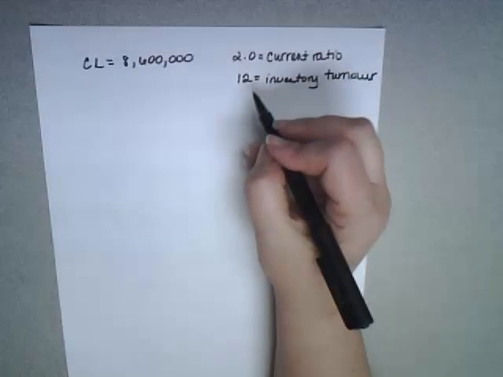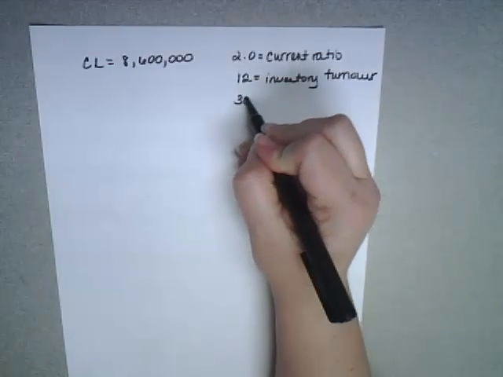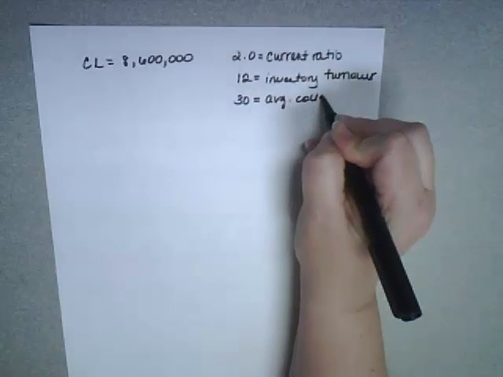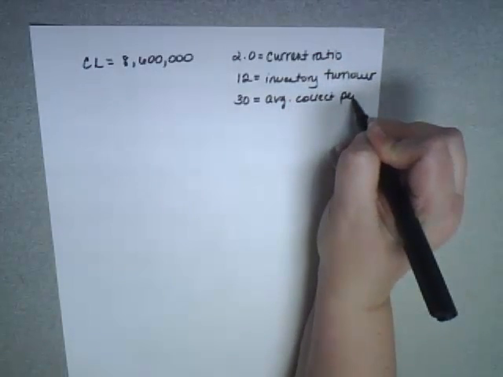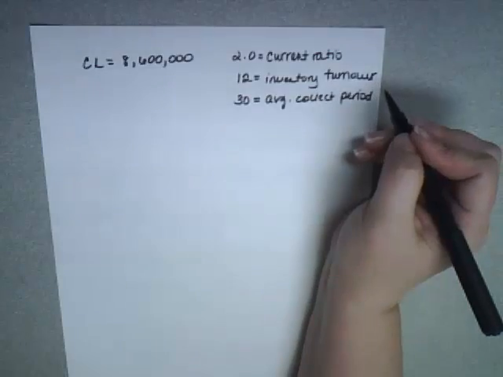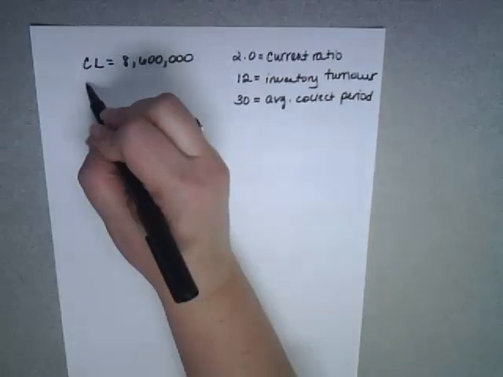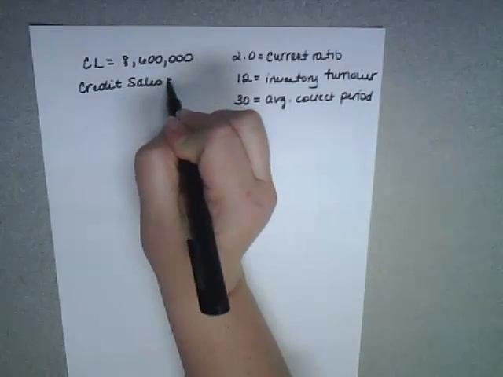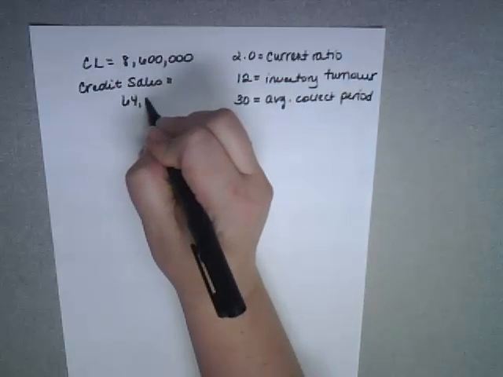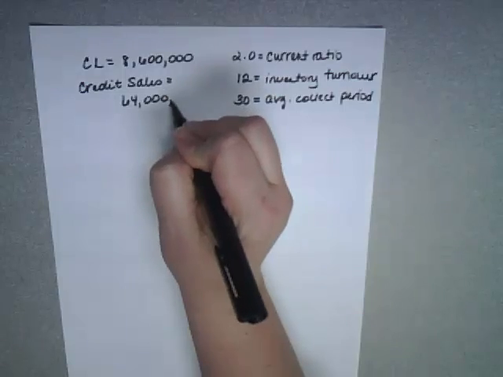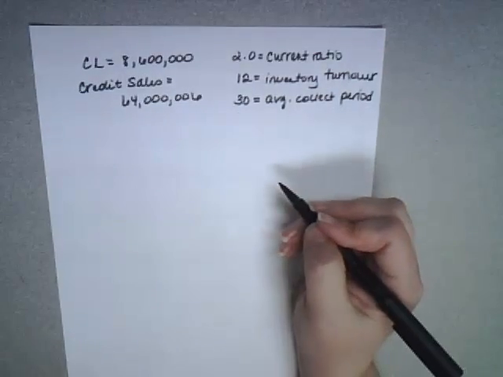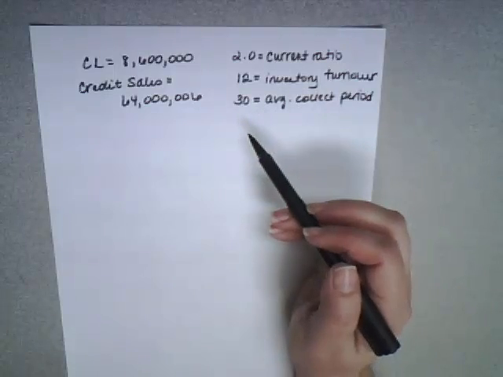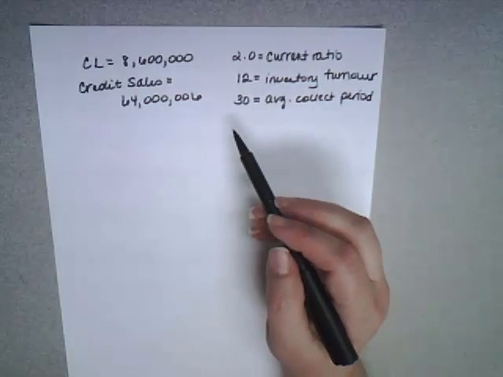Then we have an average collection period of 30 days. And then we have another piece of information, credit sales of $64,006.